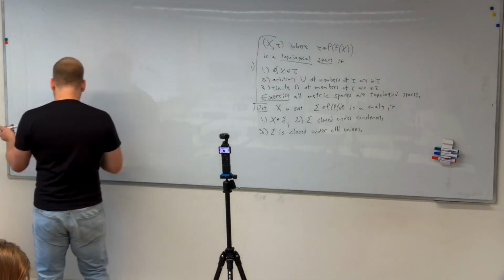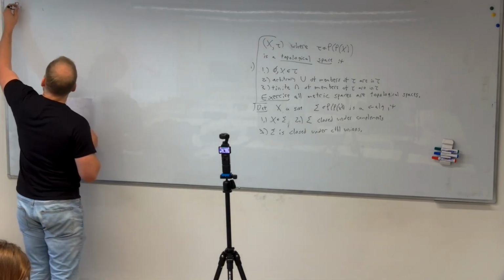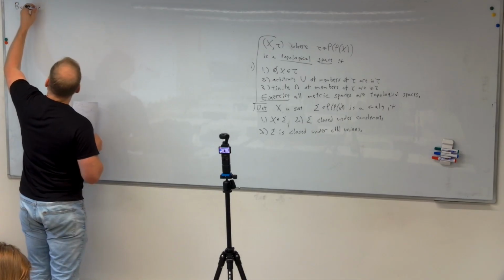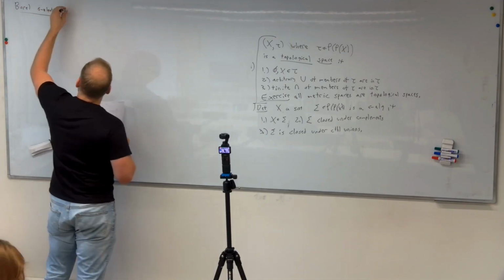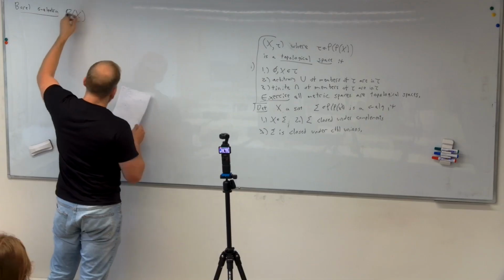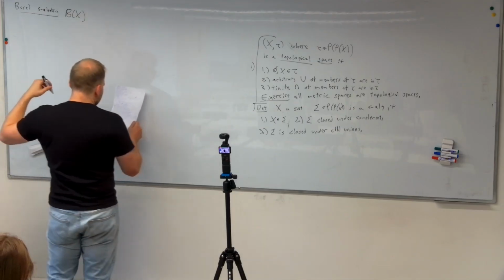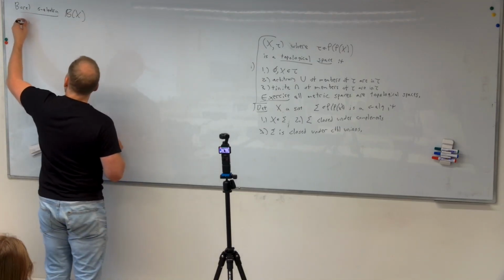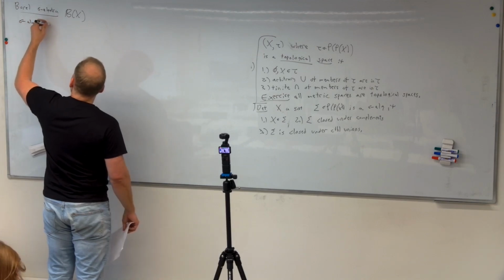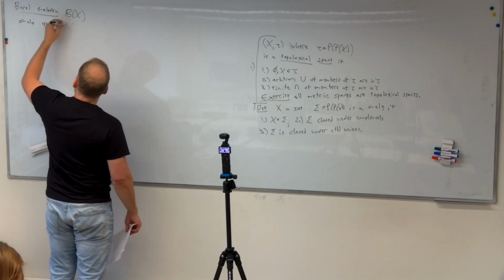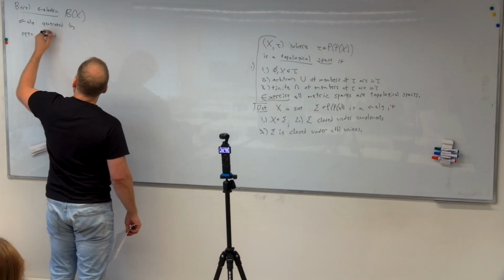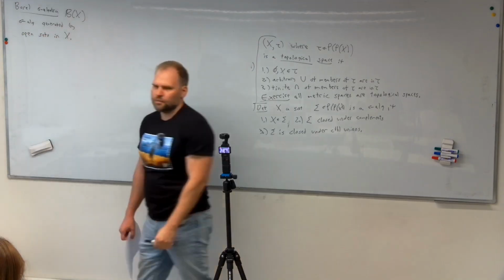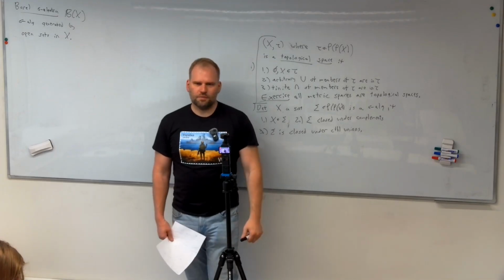So we say that the Borel sigma algebra, which we're going to call fancy B of X, is the sigma algebra generated by open sets. Okay. So we wanted to have all the open sets.